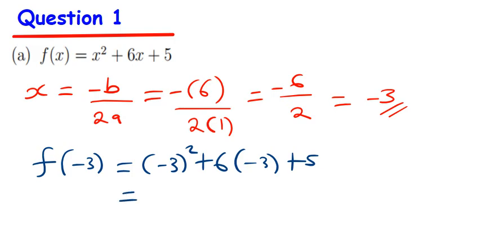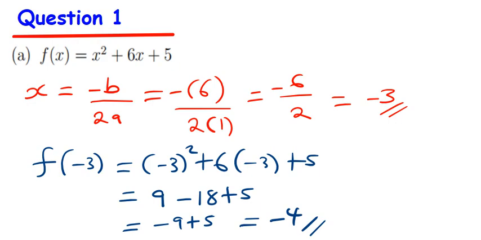Negative 3 squared gives us 9. Then minus 6 multiplied by 3, that is 18, plus 5. 9 minus 18 is negative 9, plus 5, that will give us a negative 4.